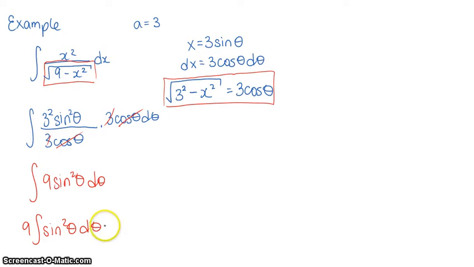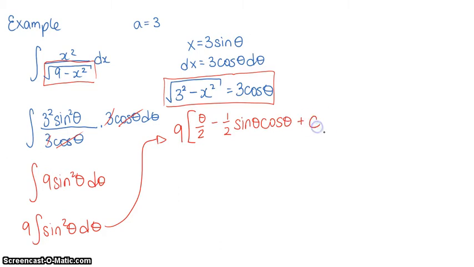Now we know from last day with our tables that we worked on, we can now write this as 9, and the whole thing is going to be in brackets. So now we have sine squared x dx in the table. It tells you, in this case we're using thetas, theta over 2 minus 1/2 sine theta cos theta plus c. Now that's all in terms of theta.